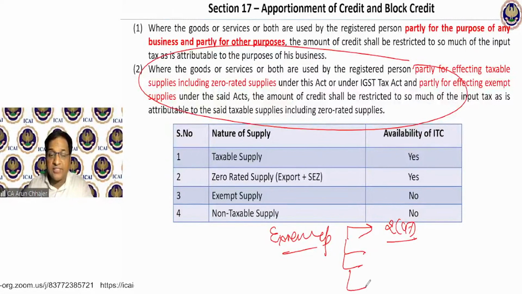They have added some more supply, which ideally is not exempt supply, but is considered as exempted only for the purpose of 17.2, meaning only for the purpose of reversal of ITC.